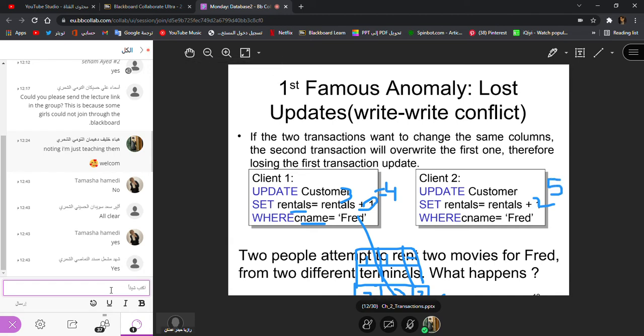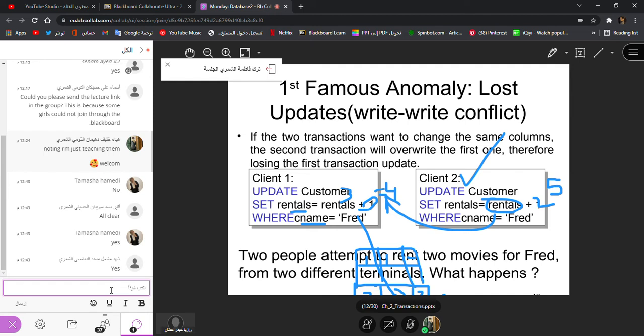In the system, basically 3 plus 1 is 4. This is an update. And then 4 plus 2 must be 6. But because they were doing this at the same time, this client did not get the updated value of the rentals, which is now 4.